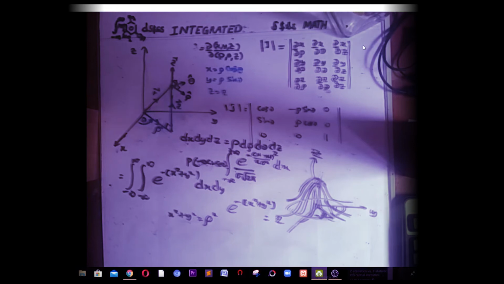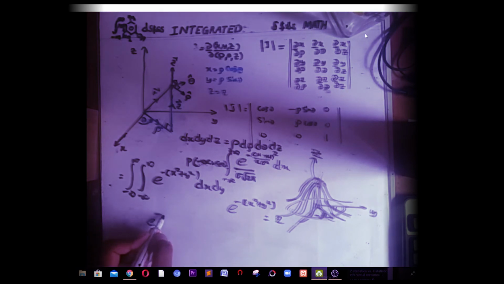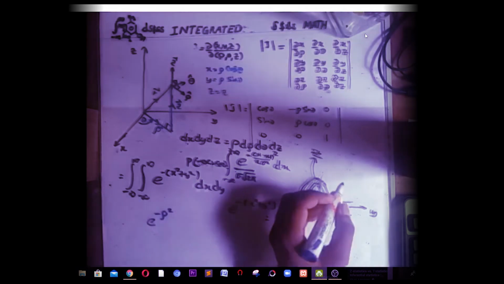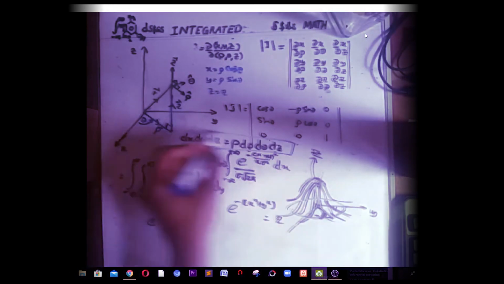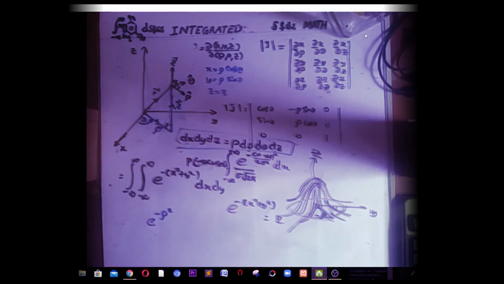Let me show you. Here I replace this as rho, rho square. Here you remember that dx dy dz is going to be equal to rho d rho d theta dz.